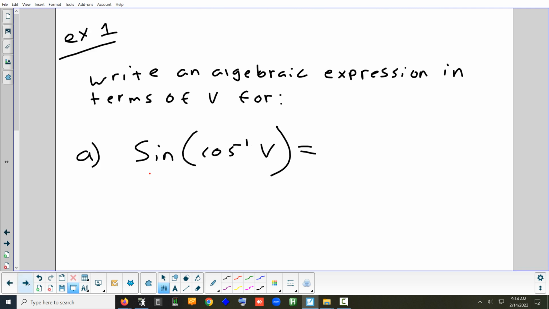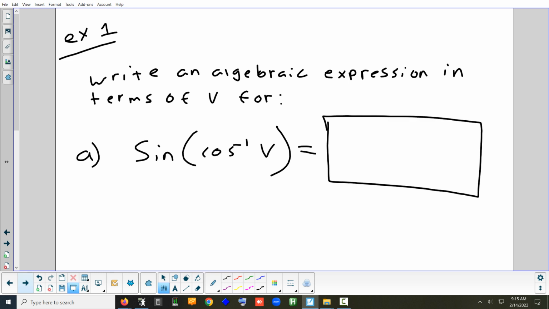All right, let's look at that first question. The sine of the inverse cosine of v. The letter they use here, that doesn't matter. Okay, that's not important. So it says write an algebraic expression for the formula that's right in the book.